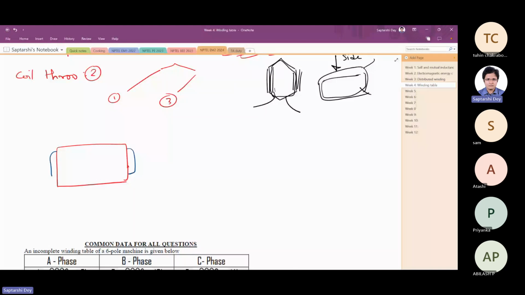End winding, or sometimes it is also called overhang. So now if you look from here, it looks something like this. Very symmetrical view. Like this it looks.